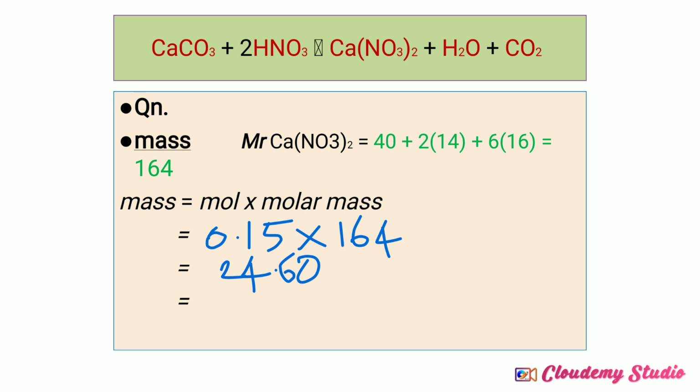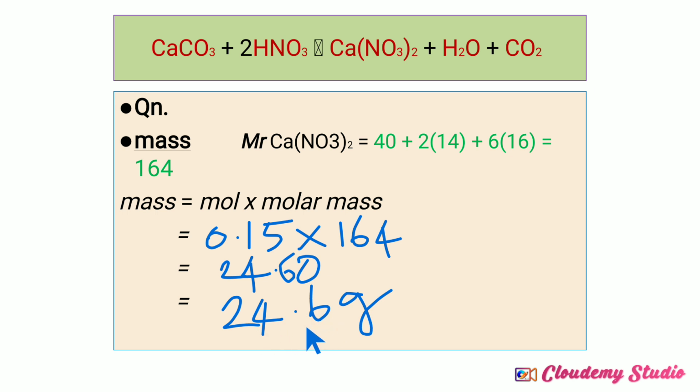Now to correct to the 3 significant figure, the answer will be 24.6. Then as it's the mass, the unit we need to mention, that is gram. So the mass of calcium nitrate formed is 24.6 gram.